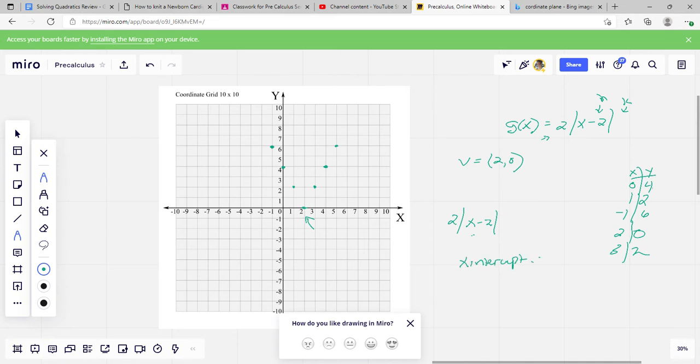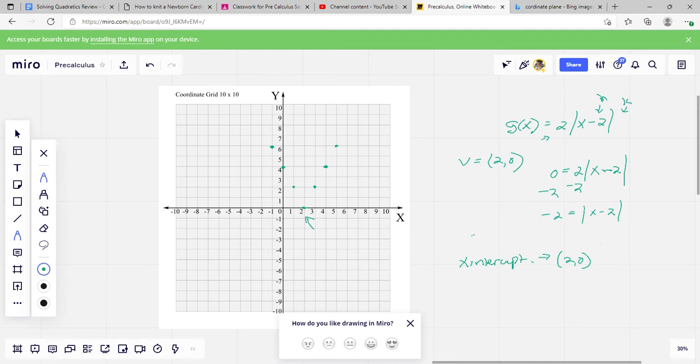Well, it's only crossing it once at point 2, 0, which is the same as the vertex. Now, if I wanted to solve this without graphing it, all I have to do is set that equation equal to 0. 2 times the absolute value of x minus 2, and so I could say negative 2 equals the absolute value of x minus 2.